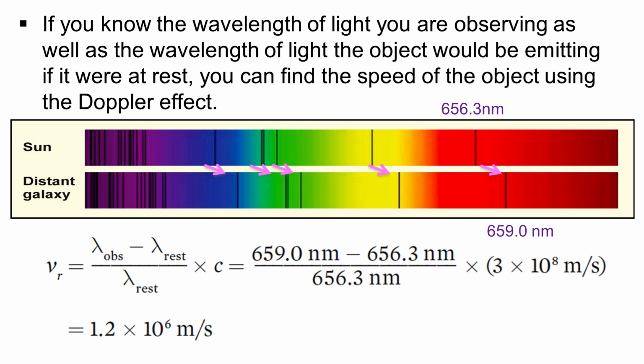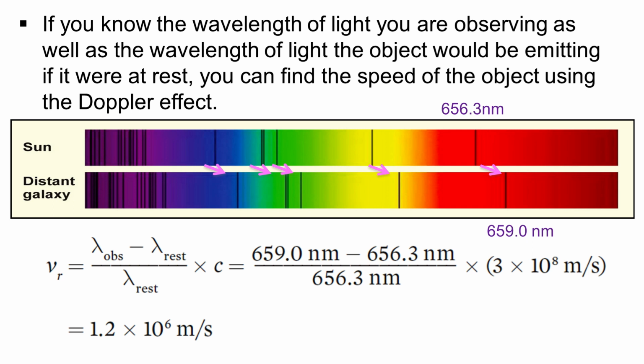Then the observed one from the distant galaxy, redshifted, is 659.0 nanometer. So 659. The speed of the distant galaxy can be estimated with this formula.